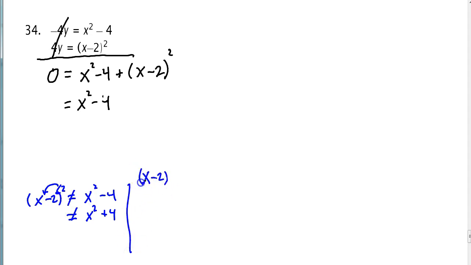X minus 2 squared means x minus 2 times x minus 2, right? The same thing multiplied by itself. And if we do the expansion here, we'll have x squared, we'll have minus 2x. This is the part that you don't get when you do this. And then underneath here, you'll have another minus 2x. And then finally, you'll have -2 times -2, which is +4.